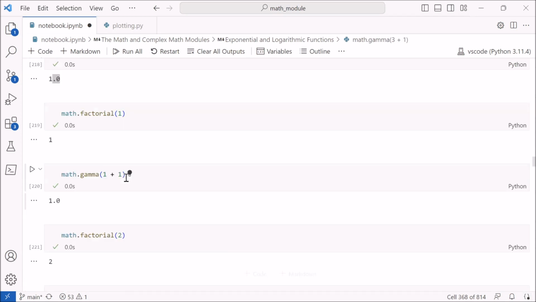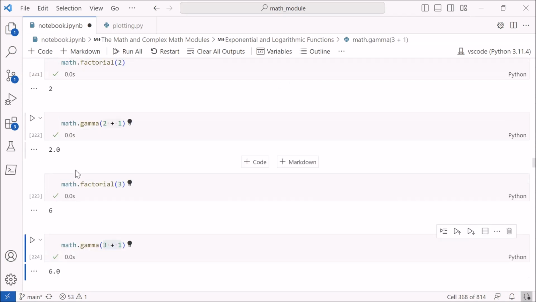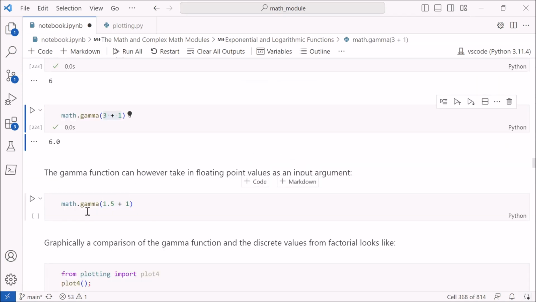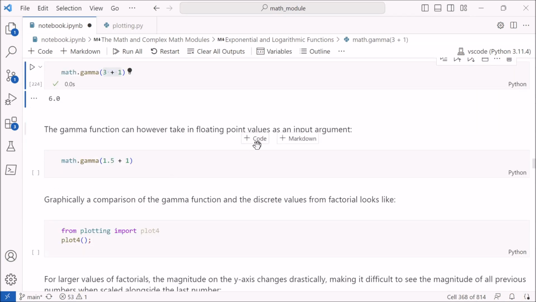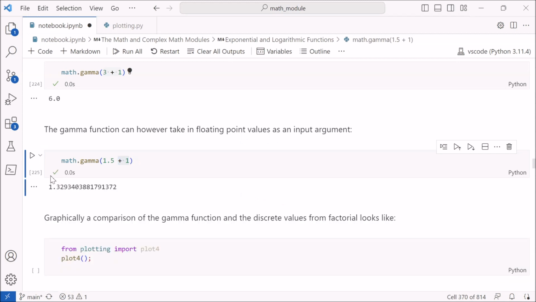So we see we've got the same value in all cases, except this is a floating point number instead of an integer. And the gamma function can take in floating point values. So we can have a look at essentially the gamma value of 1.5 with this offset of 1, and this gives us this value here.